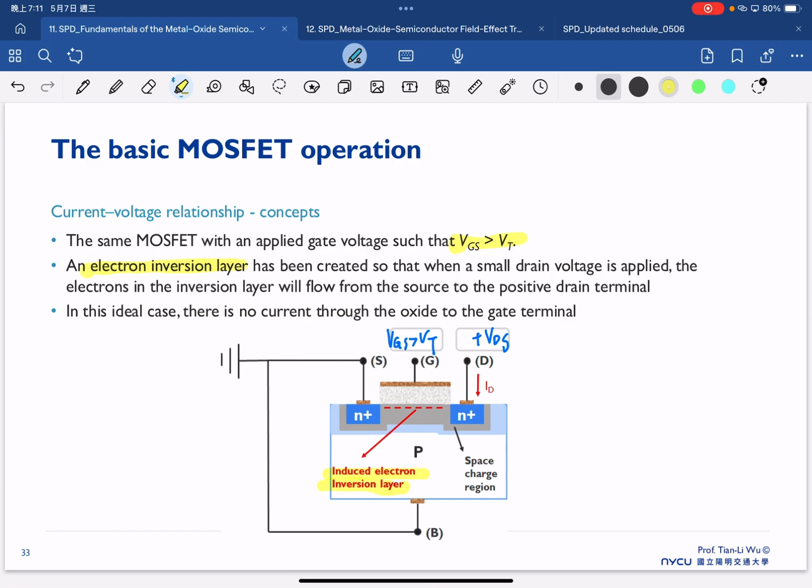With the induced electron inversion layer created, when a small drain voltage is applied, the electrons in the inversion layer will flow from the source to the positive drain terminal.